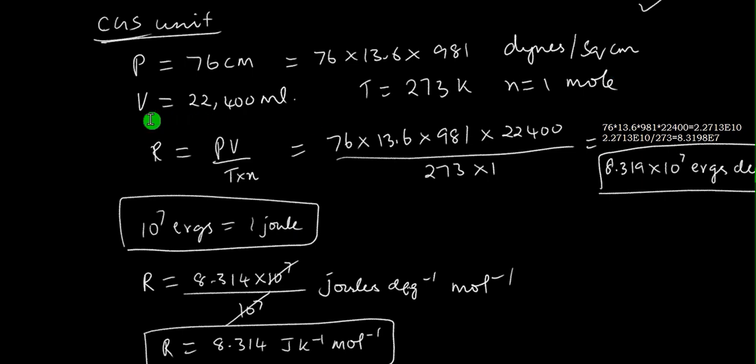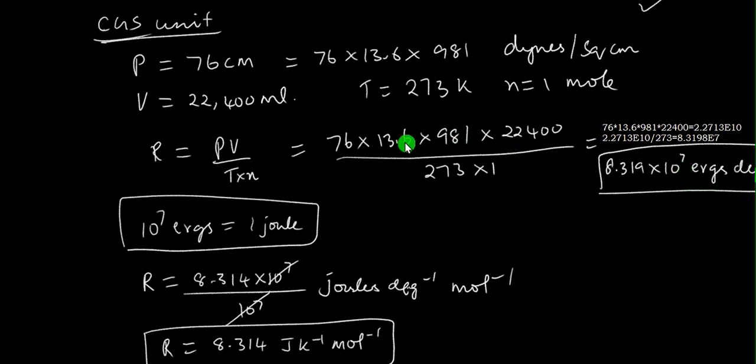Suppose you take the volume as 22.4 liters, temperature 273 Kelvin for 1 mole, then substitute in R equal to PV by T: 76 into 13.6 into 981 into 22,400 by 273. You will get the value of 8.319 into 10 power 7 ergs per degree per mole.